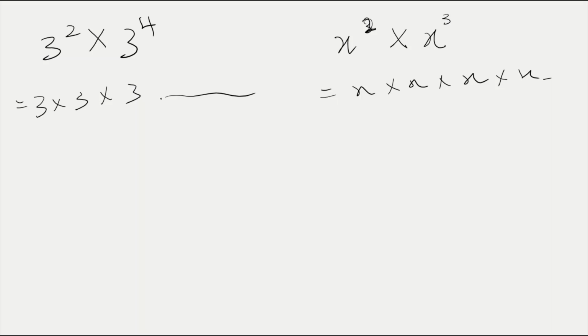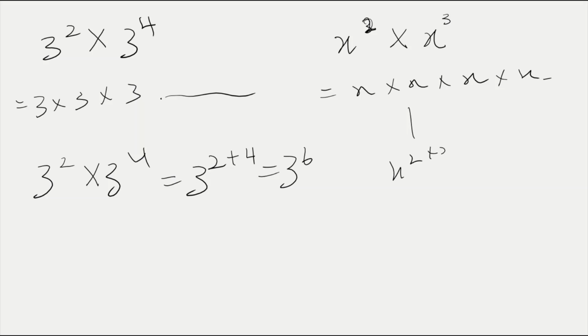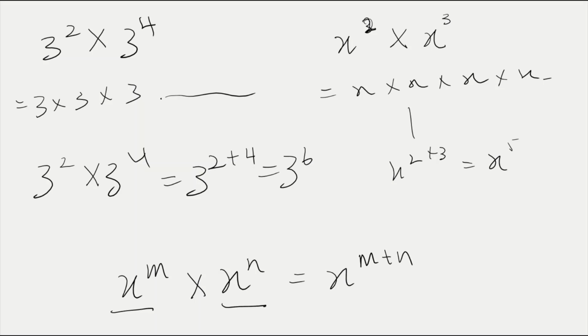To do it faster, we use the law of indices for multiplication. 3 squared times 3 to the power of 4 equals 3 to the power of 2 plus 4, 3 to the power of 6. Here, x to the power of 2 plus 3, x to the power of 5. As simple as that. So basically, x to the power of m times x to the power of n gives you x to the power of m plus n, given that the base is the same. So x to the power of m times y to the power of n would not give you this.